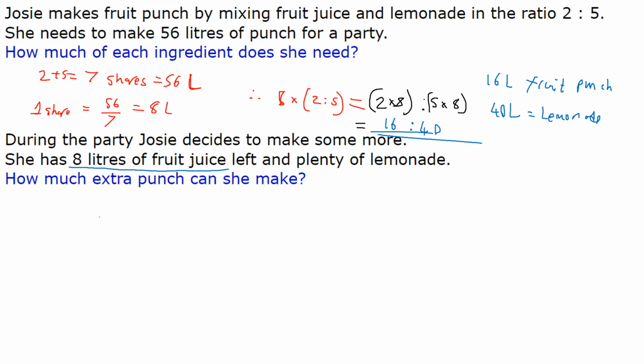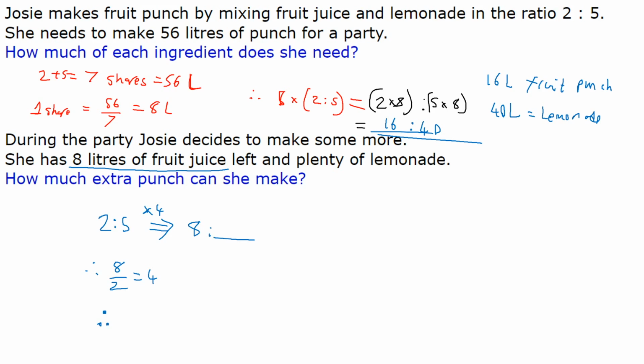So 2 to 5 just became 8 to a number, right? What is that number? Well, we're going to divide 8 by 2. Right? So we had to times this by 4 in order to get 8, right?